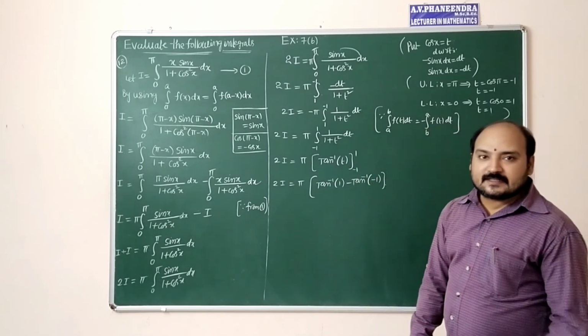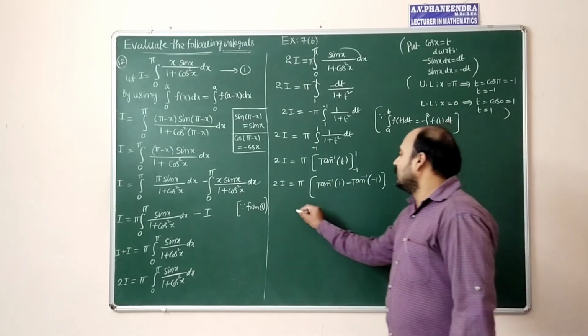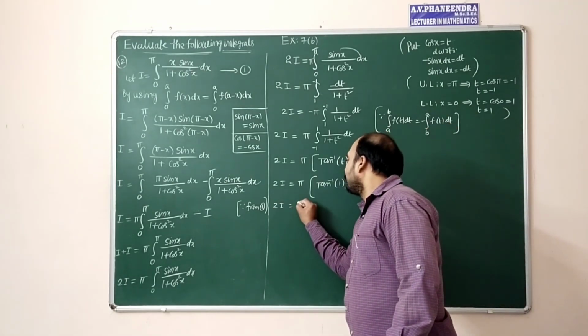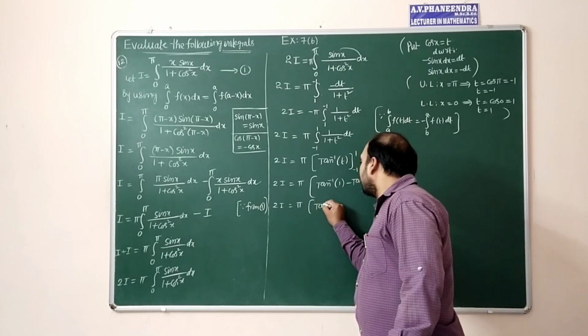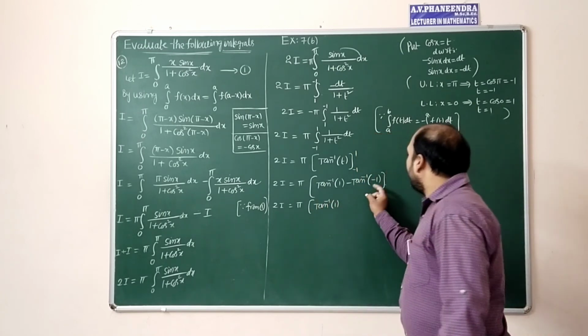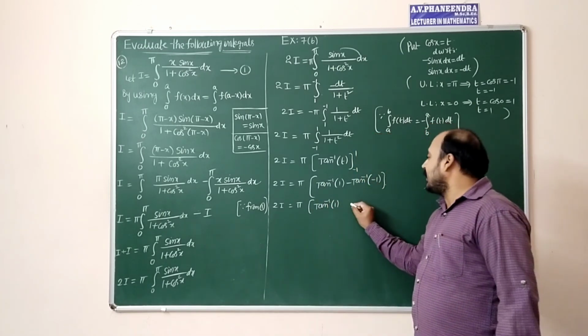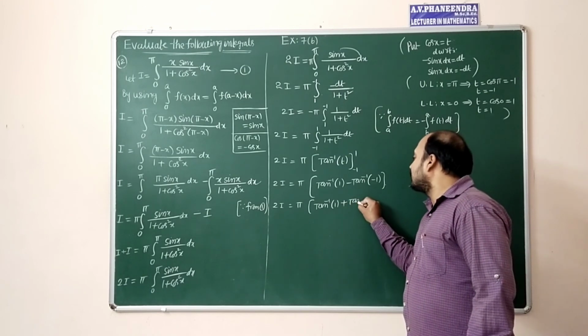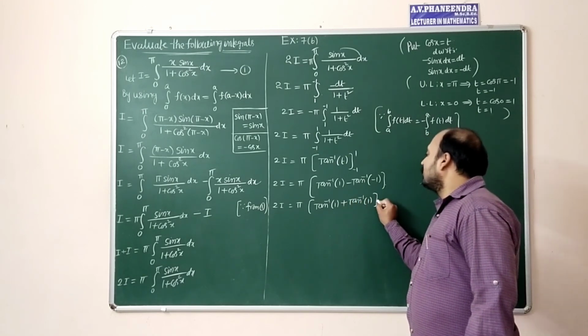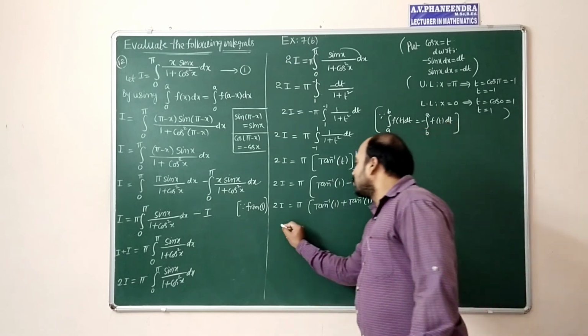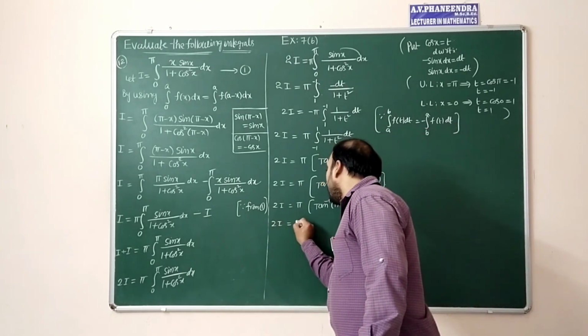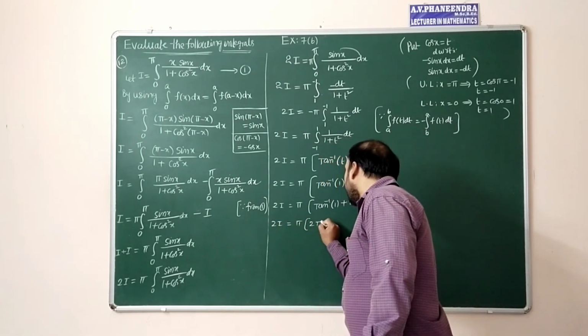Tan inverse of minus x is minus tan inverse of x. So it will become plus tan inverse of 1. So tan inverse 1 plus tan inverse 1 is 2 tan inverse 1. 2I equal to pi into 2 tan inverse 1.